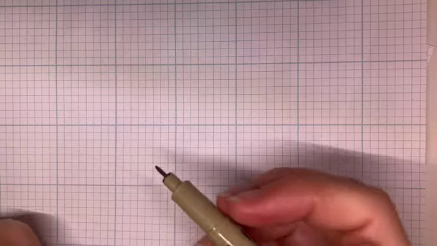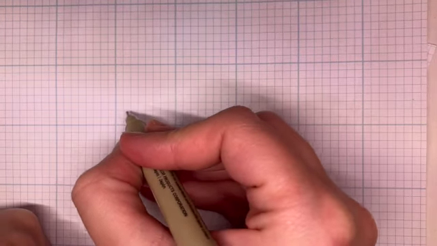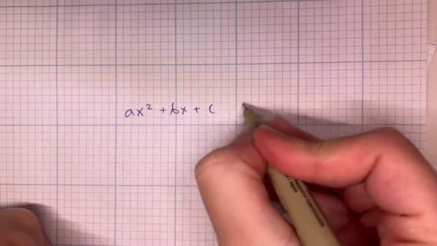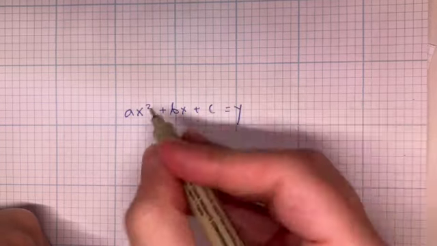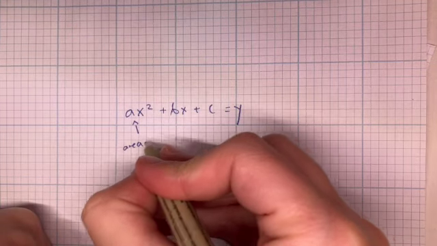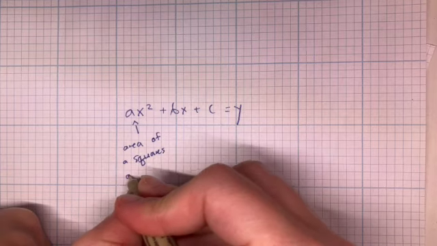And more generally, if we think about the definition of a quadratic, which is an equation of the form ax squared plus bx plus c equals y, well, this ax squared term, that's just the same as the area of a squares of side length x.